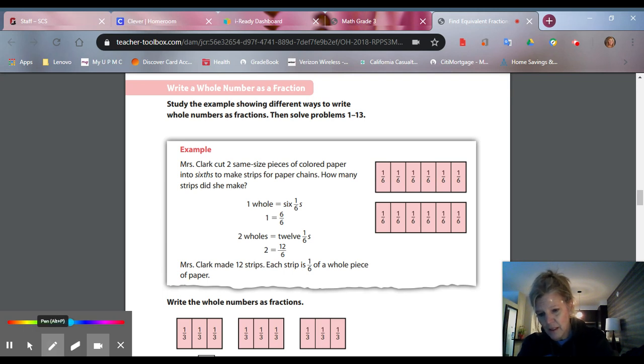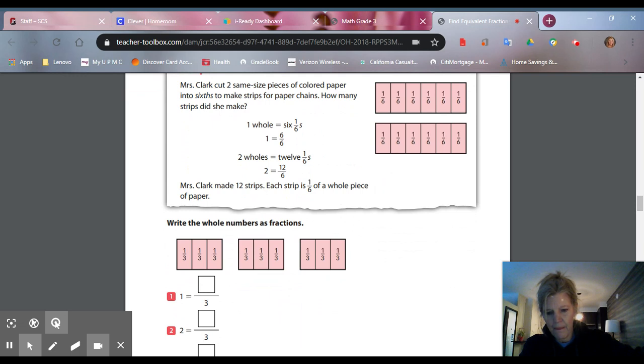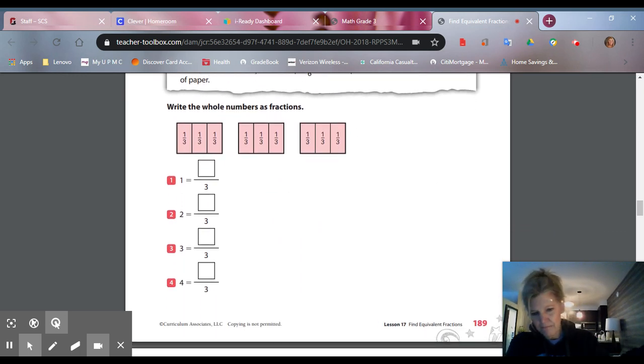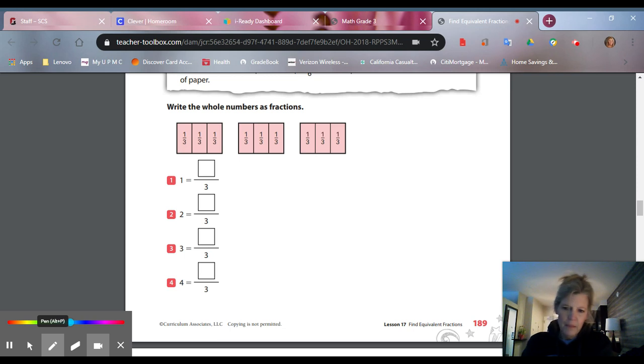Let's take a look at the next one. Write these whole numbers as fractions, and they're giving you thirds to work with. So whole numbers as fractions. Number 1. 1 whole is how many thirds?